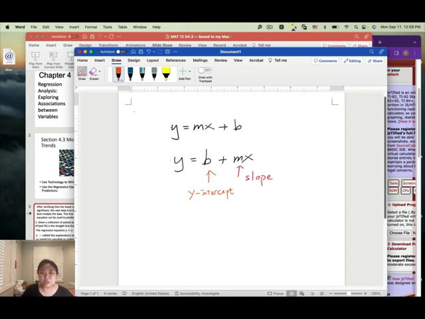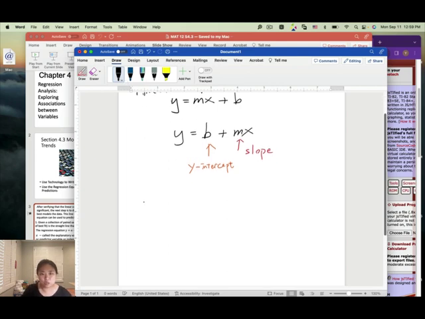Okay, this is a linear equation. So for the slope, we can have a positive slope or negative slope. I'll just show you that one. When your line is going flat this way, the slope m will be equal to 0. If I go up here, the slope will become a positive slope.